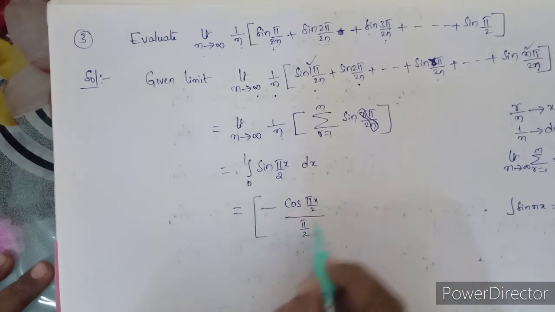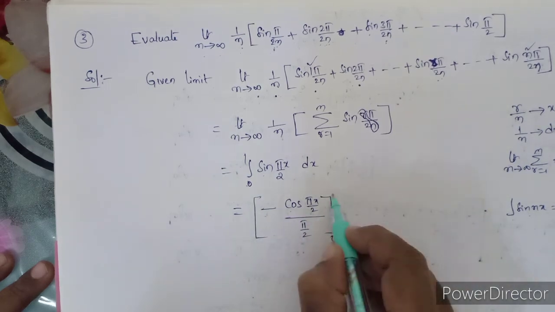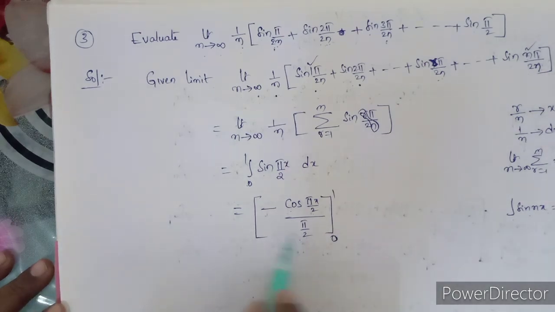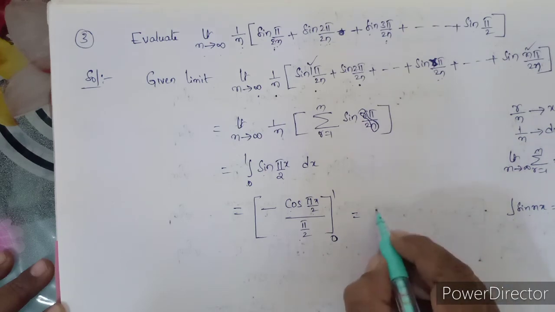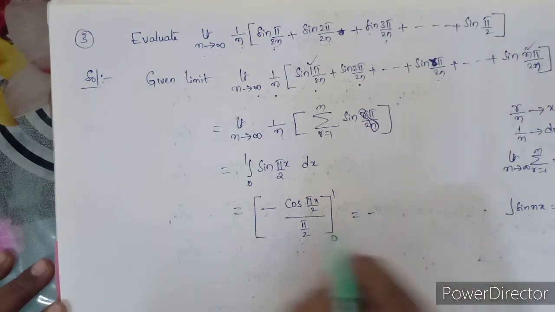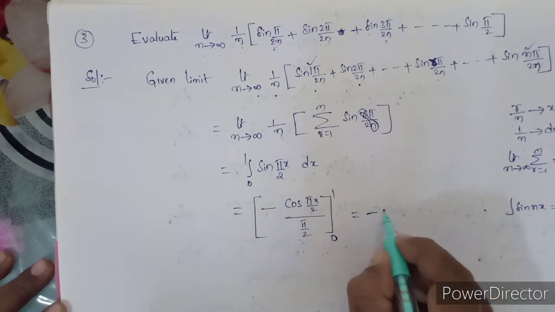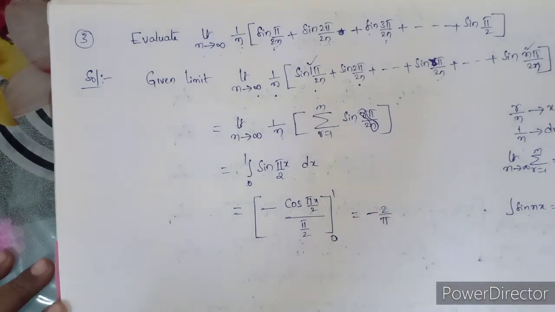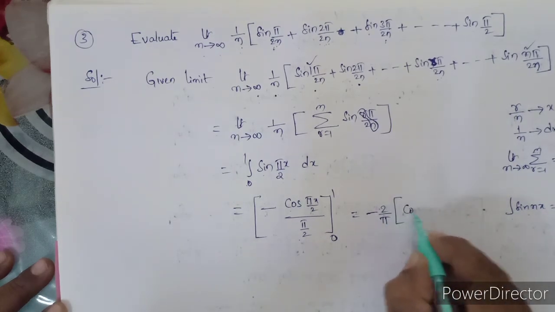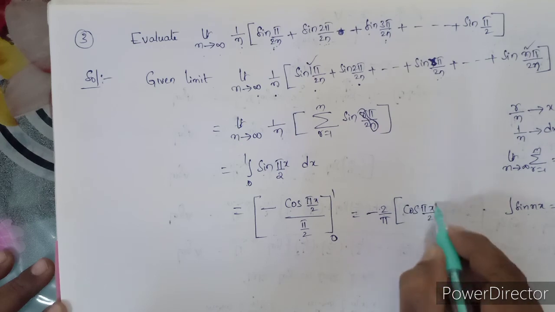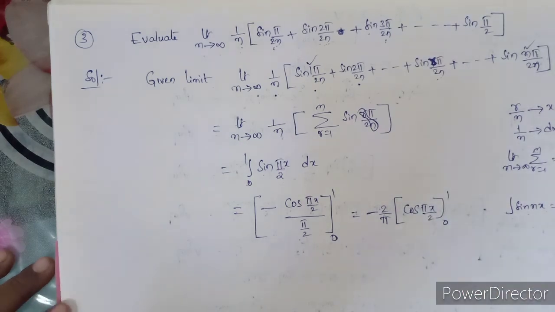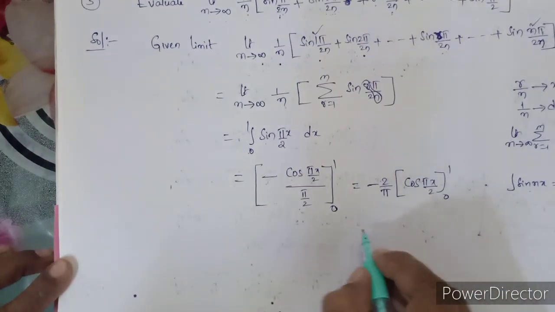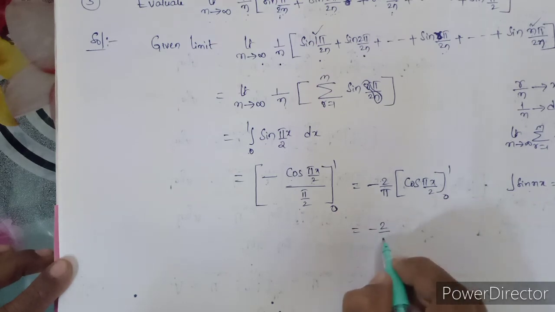We have to substitute the limits now. We can bring this constant term outside the bracket. Pi by 2, on taking the reciprocal, and minus also we bring it out, minus 2 by pi cos pi x by 2. Now by using the fundamental theorem again, upper limit minus lower limit.